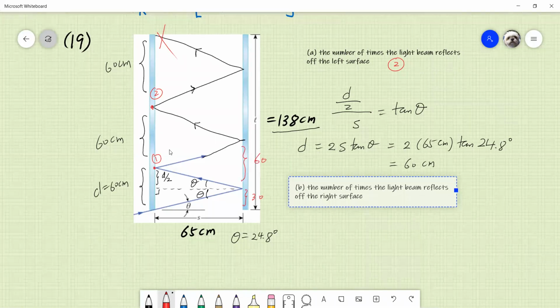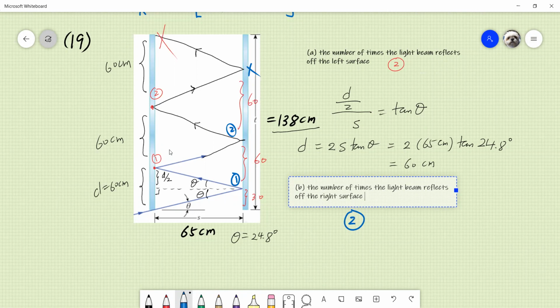If this is 60 and you add this up together, how much? 60, 60, 60 plus 30, 150. So therefore, for the maximum reflection, we are beyond 138, right? Make sense? You got it?